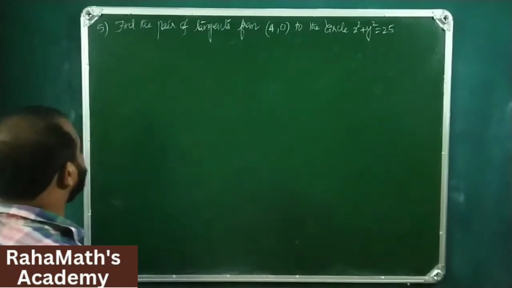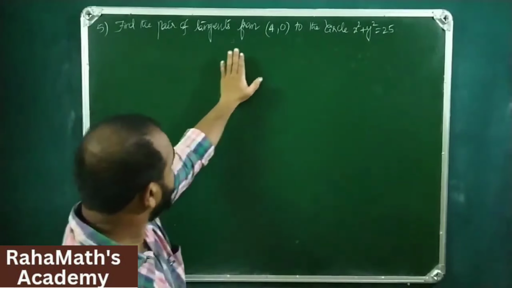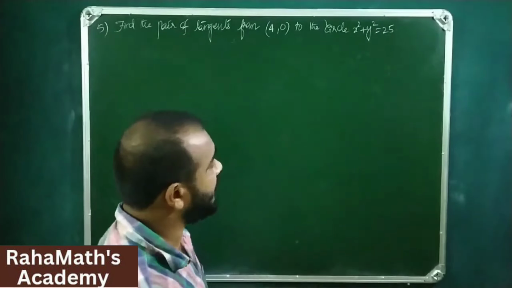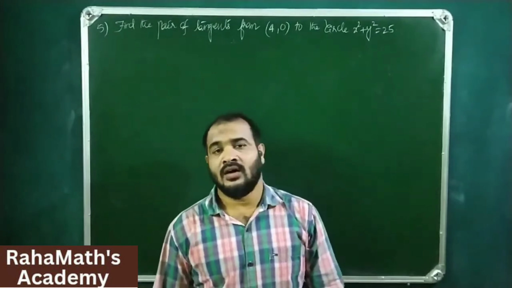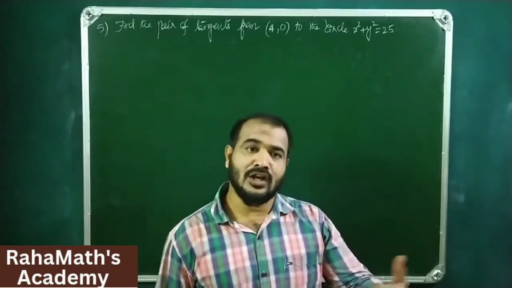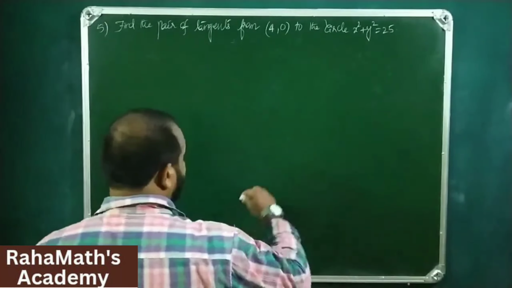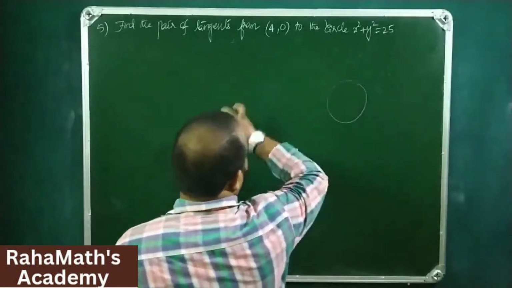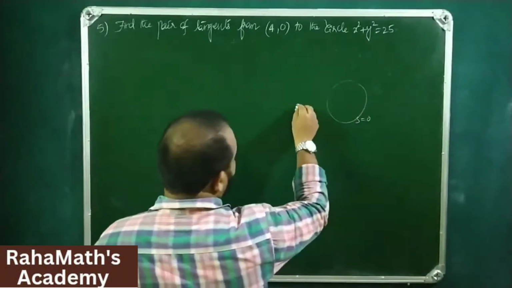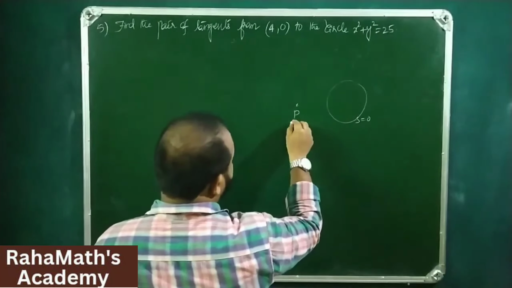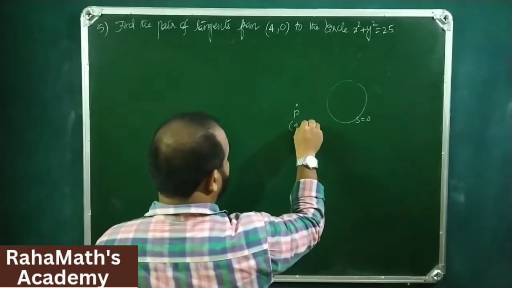So the next question is: find the pair of tangents from (4, 0) to the circle. We have already derived this theorem also. This is the circle that is given, S equals 0. This is the point P, which is (x1, y1) equal to (4, 0).